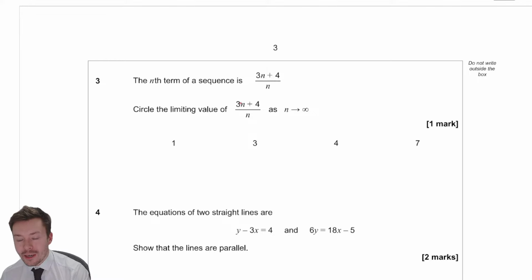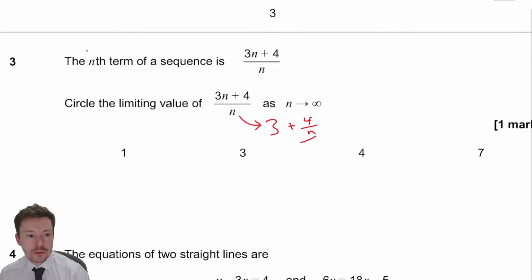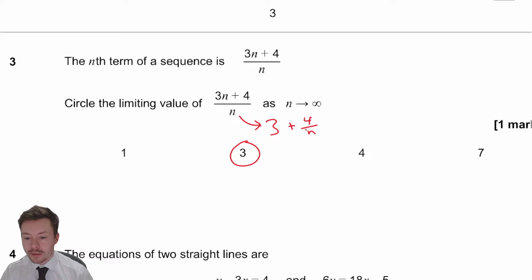Now, what we can do is rewrite this like this. So 3n divided by n is 3, plus 4 divided by n is 4 over n. Basically, as n gets larger and larger, inside the 4 over n part we're dividing by a bigger and bigger number, so 4 over n is going to get smaller and smaller, and so the answer would be 3, because 4 over n would go to 0, the bigger the value of n is.